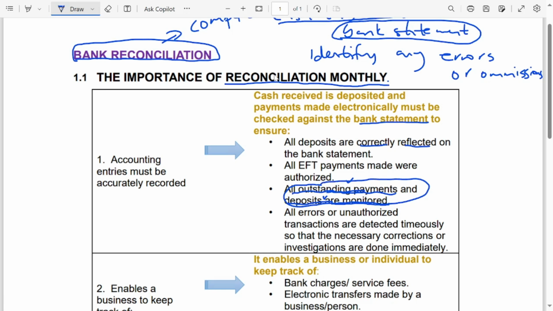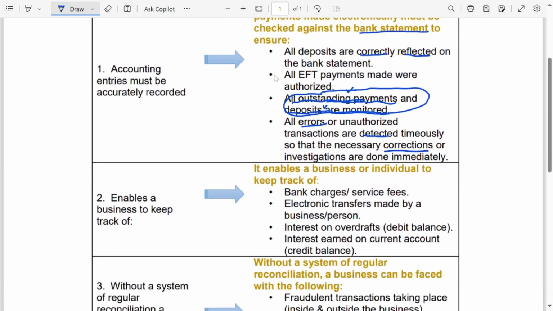Just go and look at that video. And then ensure that all errors or unauthorized transactions are detected seamlessly so that the necessary corrections and investigation are done immediately. So that is what the business needs to do.